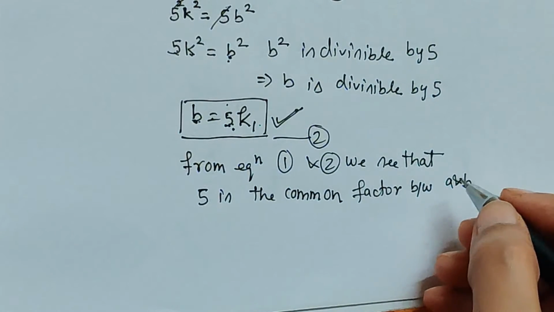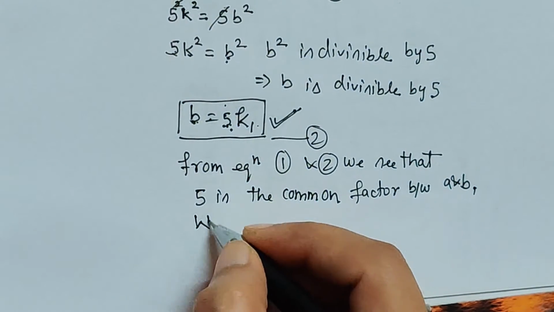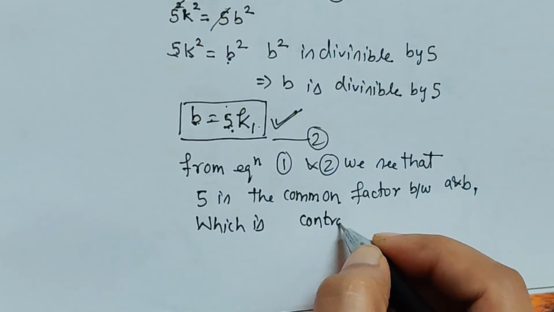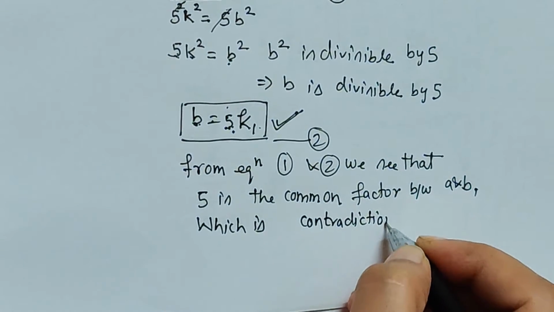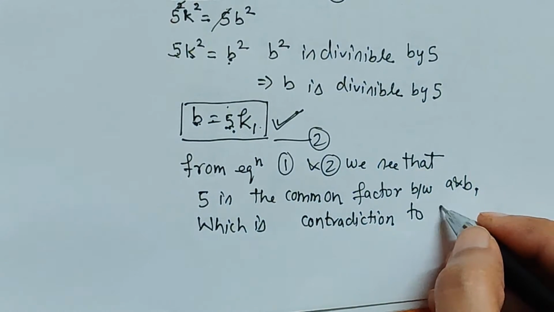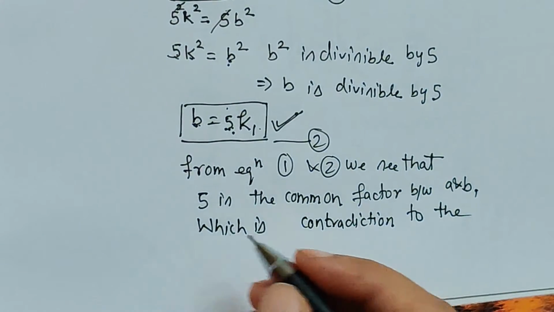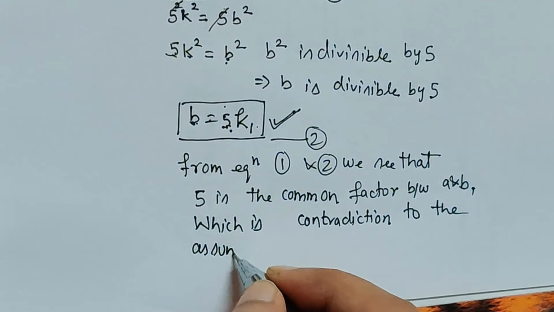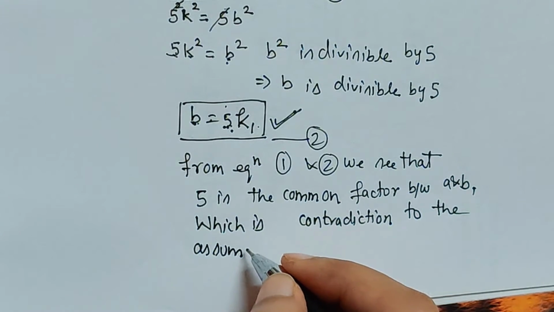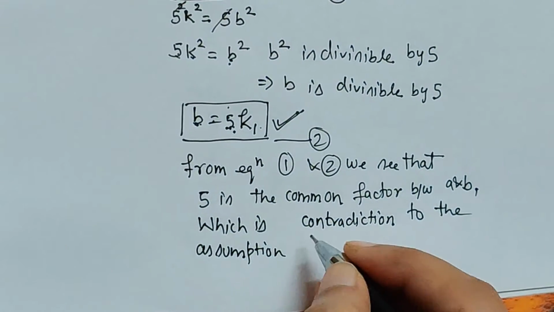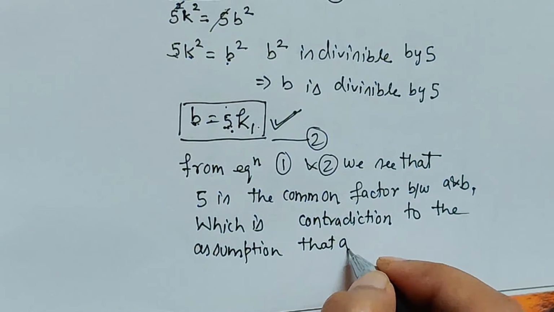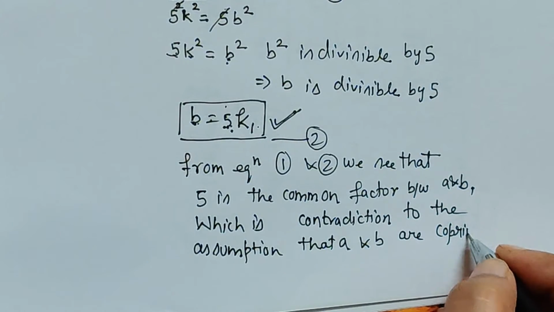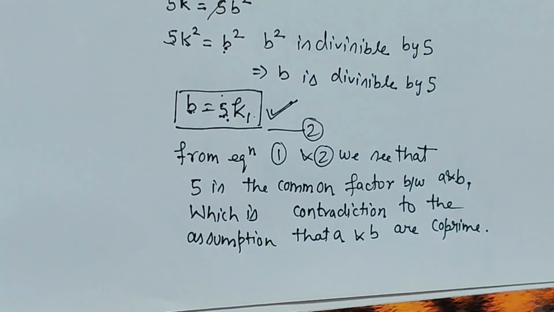This is a contradiction to our assumption that a and b are co-prime. So what does it indicate?